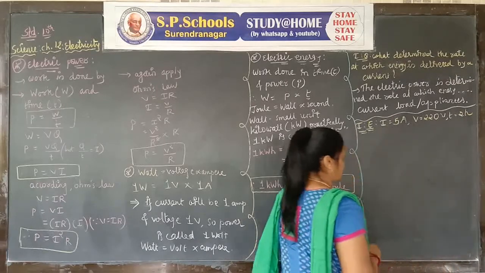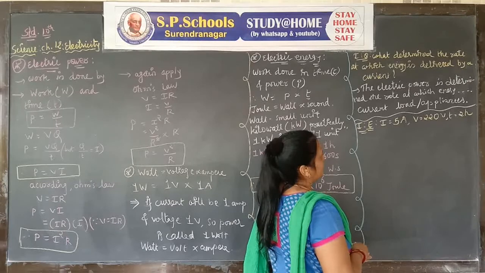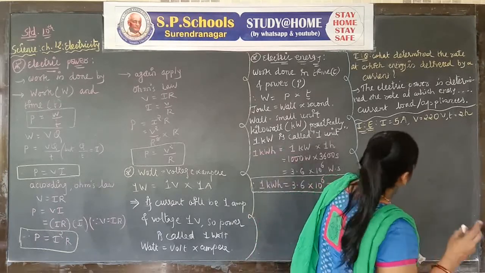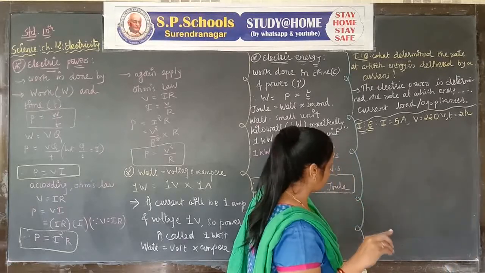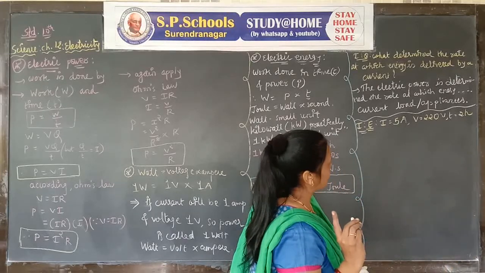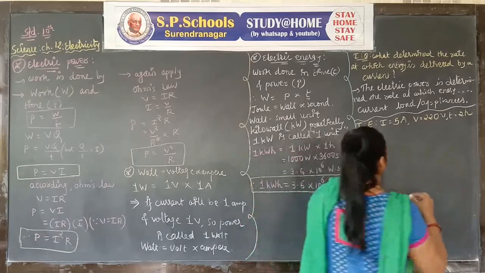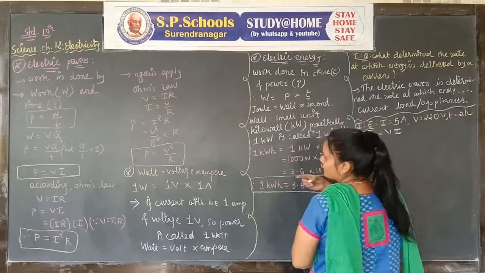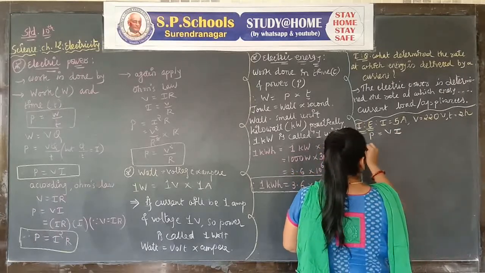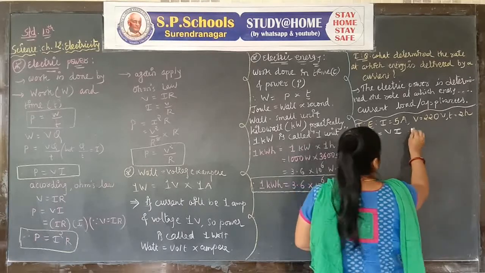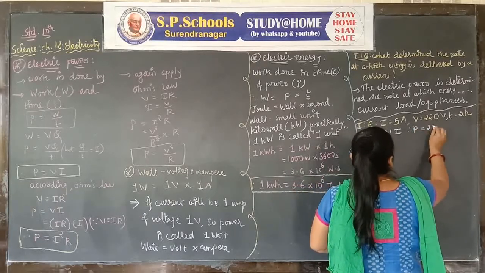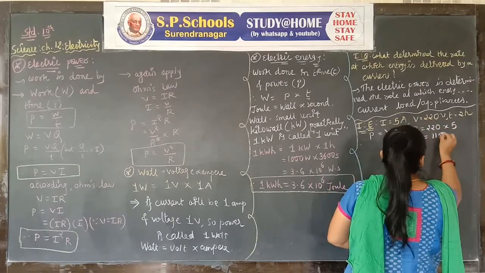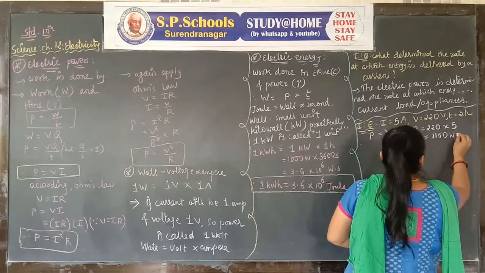When we use the time, it converts into seconds. But first we have the values of current, voltage and time. So first we find the power. P is equal to VI. So P is equal to V means 220, I means 5, which is equal to 1100 watt.